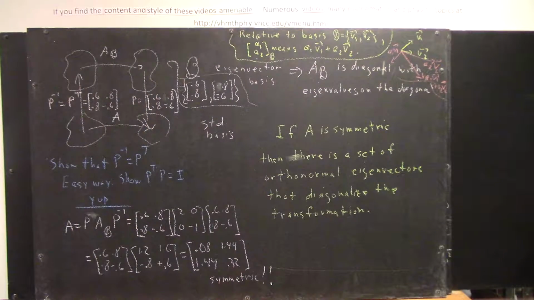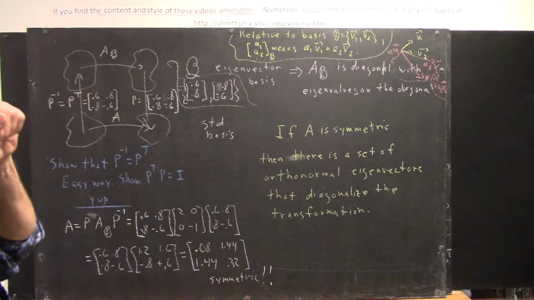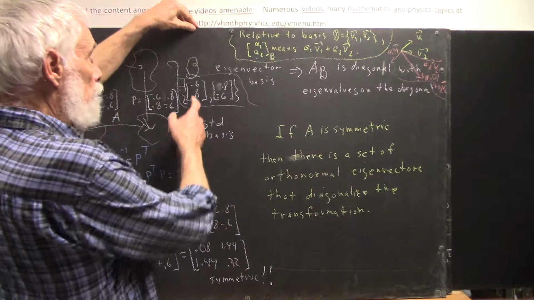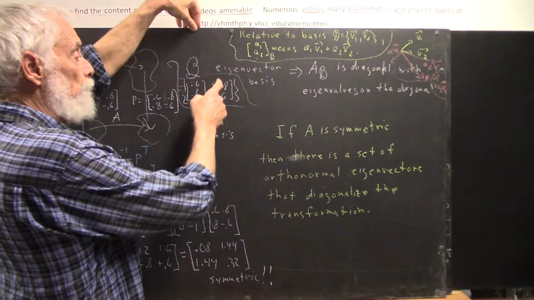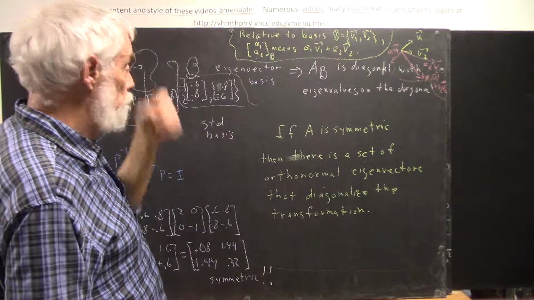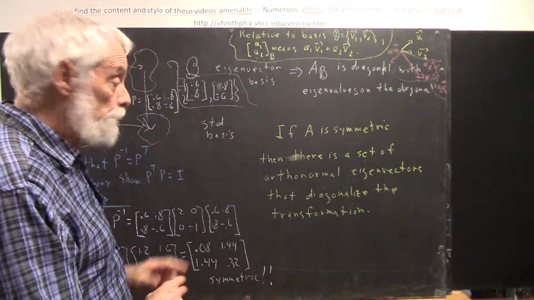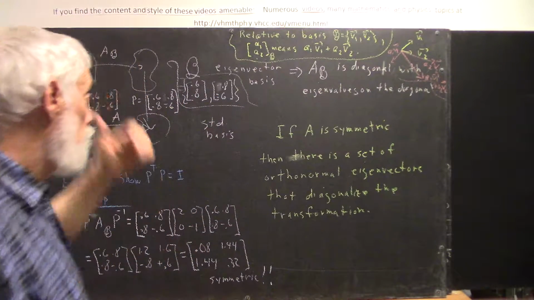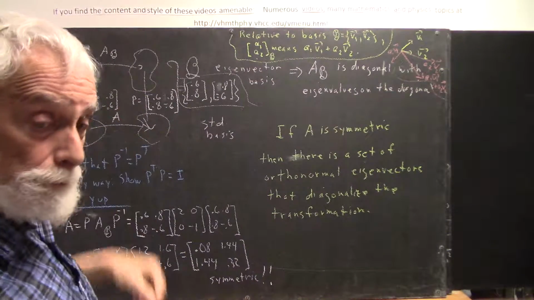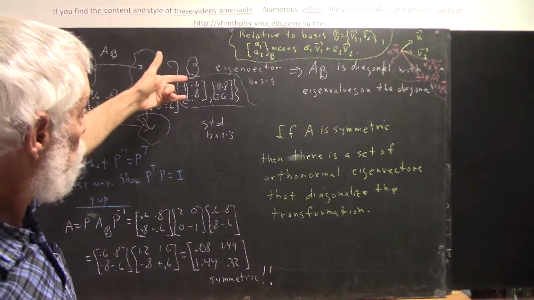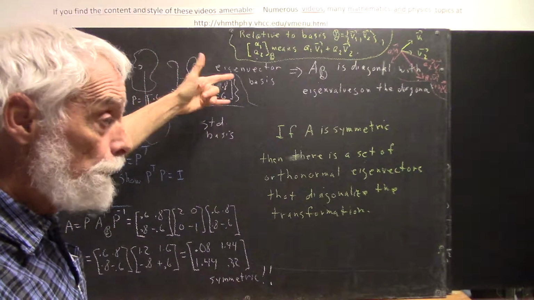Okay, so now we postulate that we have a basis B consisting of 0.6, 0.8, and 0.8, negative 0.6. Now these happen to be unit vectors, as you can easily verify, and they're also orthogonal. Okay, that is, if I do the dot product of this with this, I get 0.